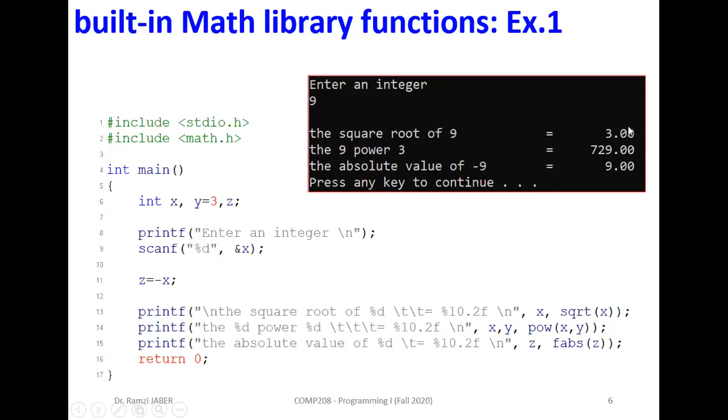So 0 is at the 10th position, 0 at the 9th position, 3. at the 8th and 7th positions, remaining 6 spaces. Okay, so 10.2 means reserve 10 locations for this number, 10 positions, and fill it from right to left.